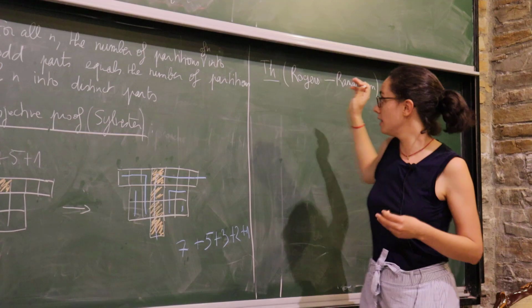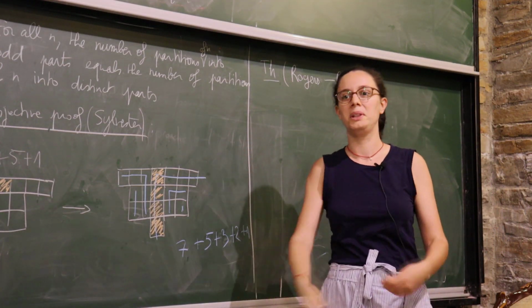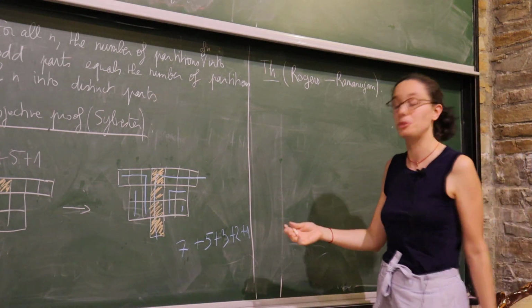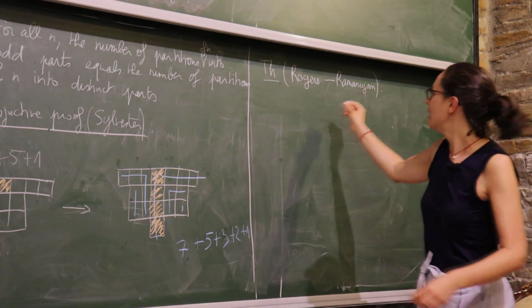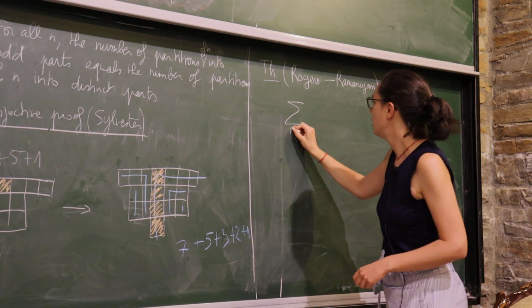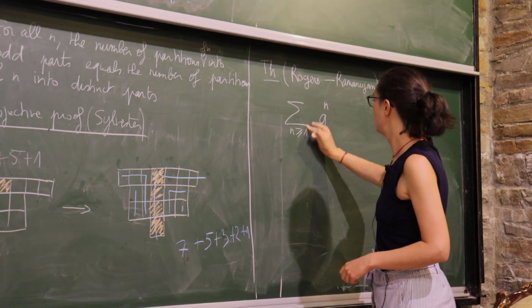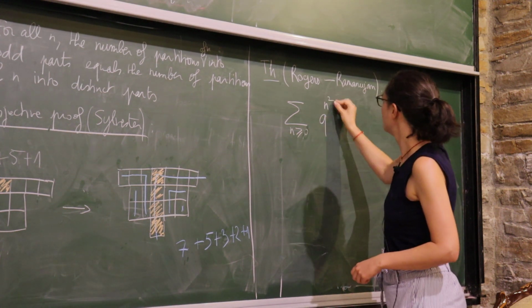Okay, so initially, those were not really partition identities, but q-series identities, a bit in the shape of what you saw in other lectures yesterday. So they are the following.